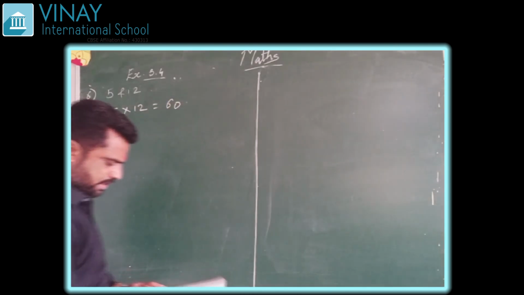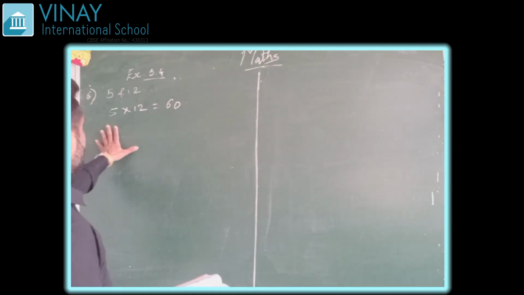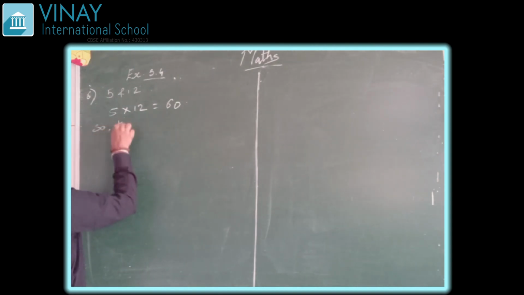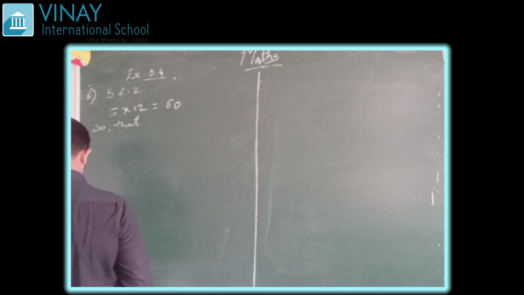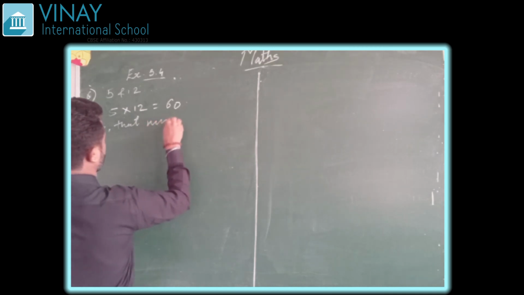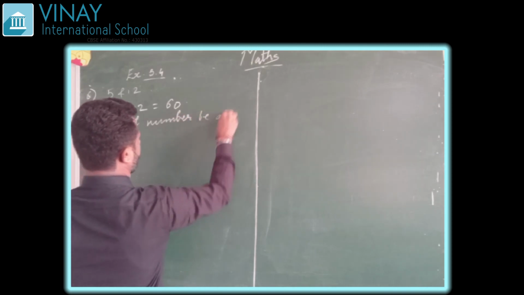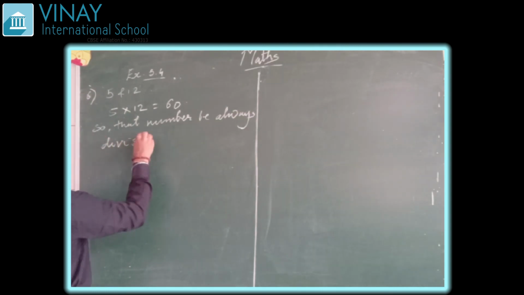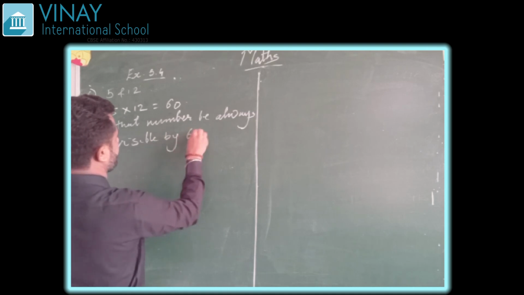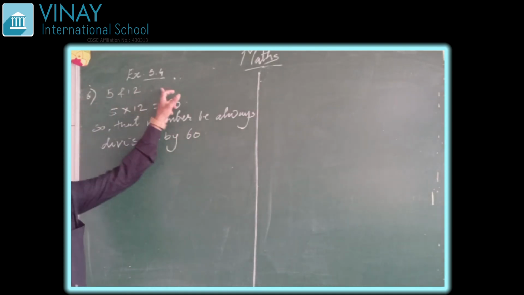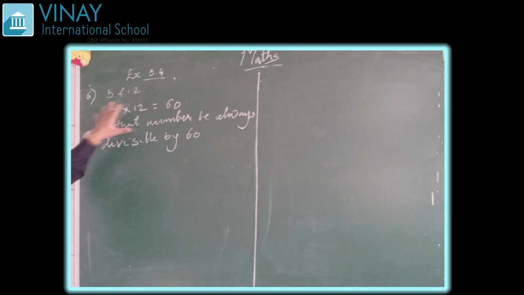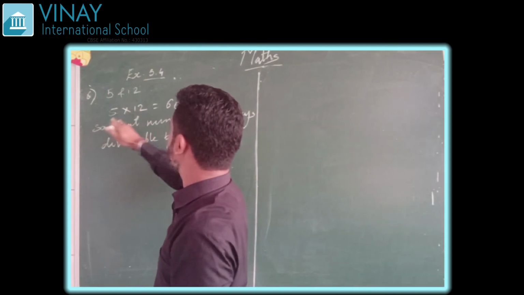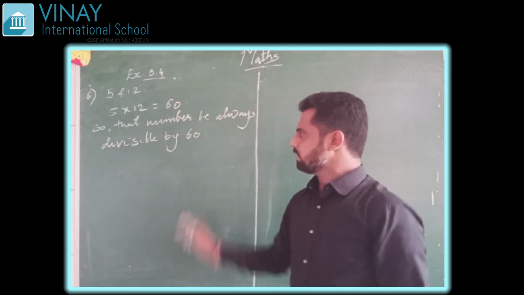So if a number is divisible by both 5 and 12, it is always divisible by 60.